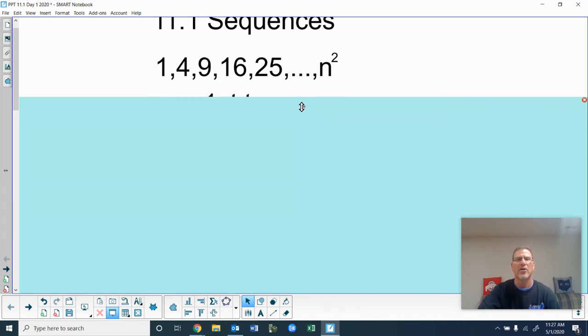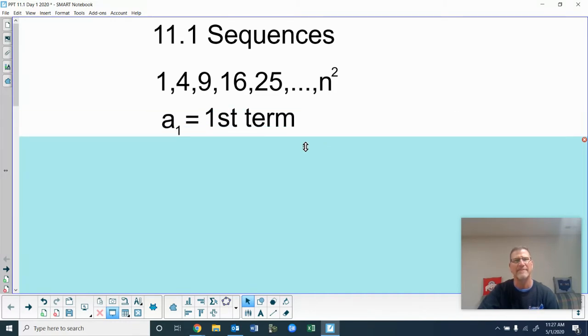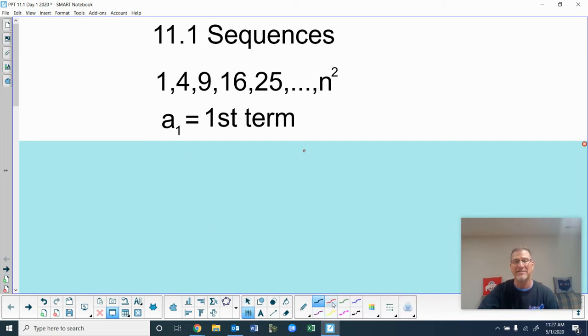When we have these sequences, we have terms, and the way we represent terms is with the letter A and a subscript. A sub 1 equals the first term, and in this example the first term is 1.